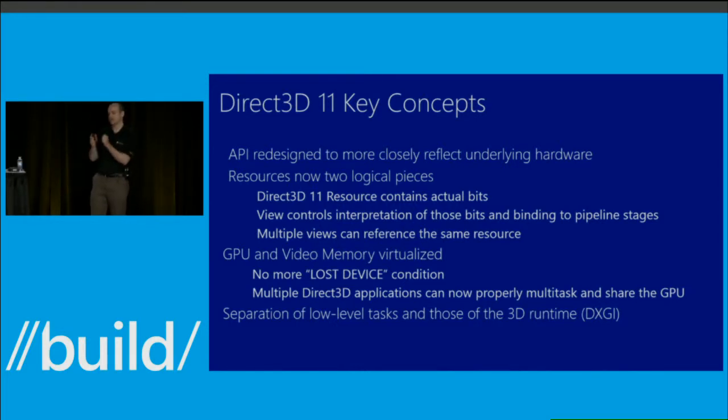So a DX11 resource basically just contains the actual bits of that resource, and then to do something with it, you have to have what's called a view on top of that. So once you have mapped this view to the resource, then you can do things like make it a render target or whatnot. So we've taken this combined thing of resource and disaggregated it out into these two logical pieces.